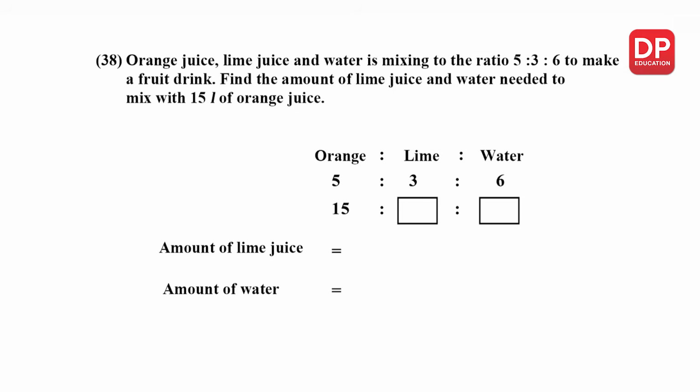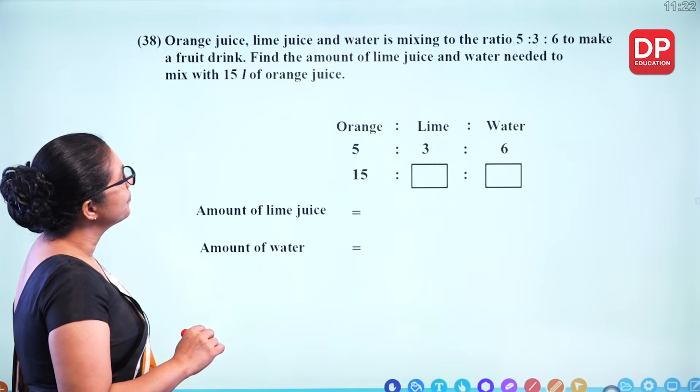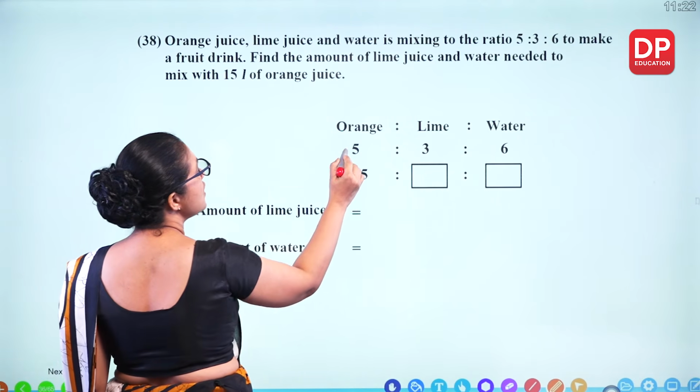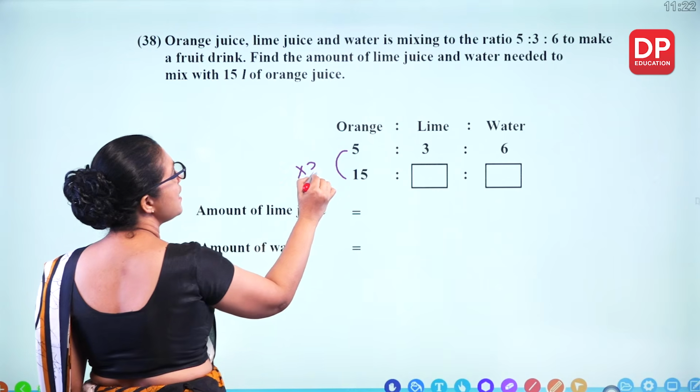Orange juice, lime juice and water are mixed in the ratio 5:3:6 to make a fruit drink. Find the amount of lime juice and water needed to mix with 15 liters of orange juice. So 5:3:6. This becomes 15. That means multiply by 3.